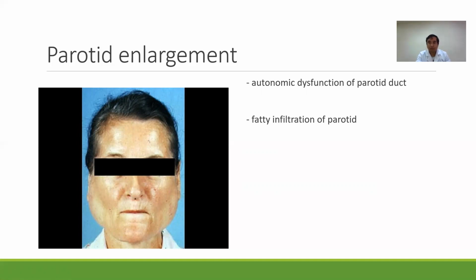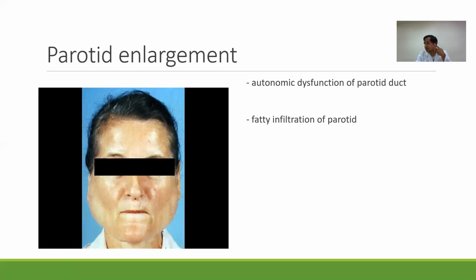Your teacher will ask you, when do you say the parotid is enlarged? This is a very tricky question. To say the parotid is enlarged, the ear lobule should be lifted off, and there will be obliteration of the retroauricular sulcus.